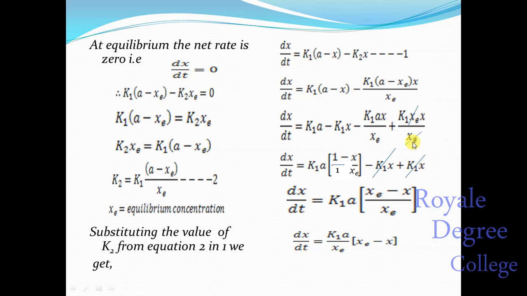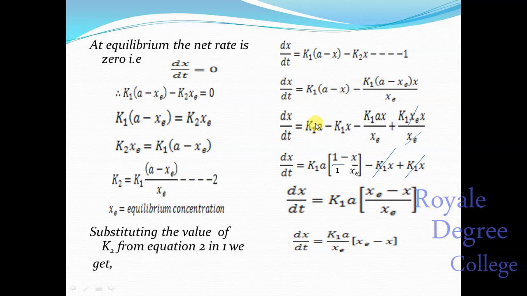So now here xe gets cancelled. So we will get this step. Look at this equation once again. From this we are taking K1a common. See here, K1a and here also K1a. We are taking K1a as common.